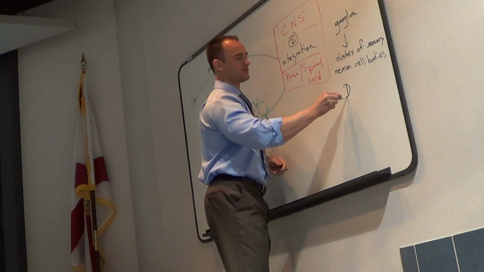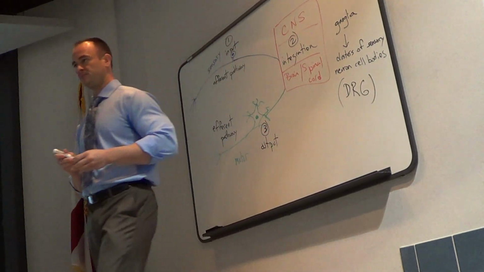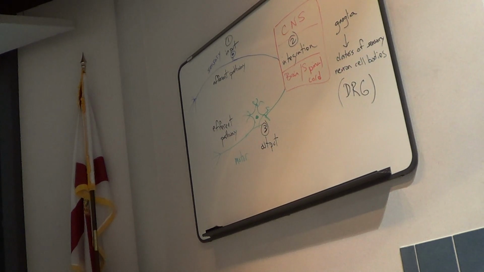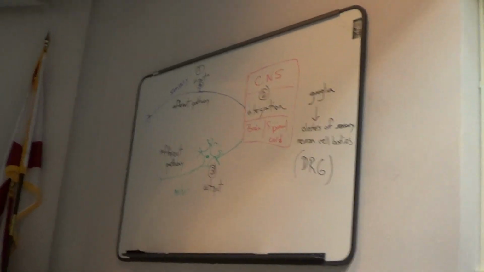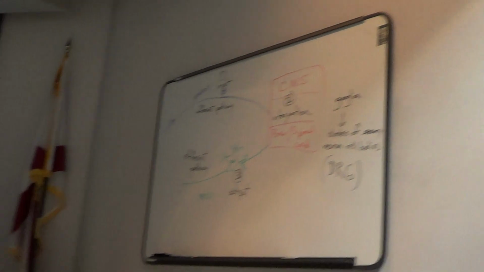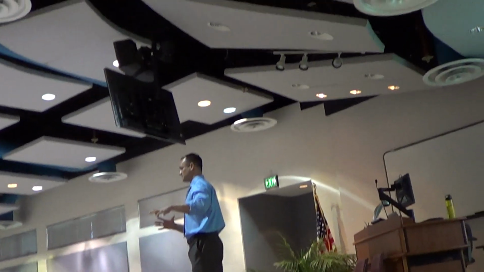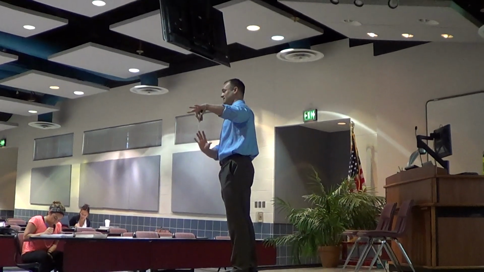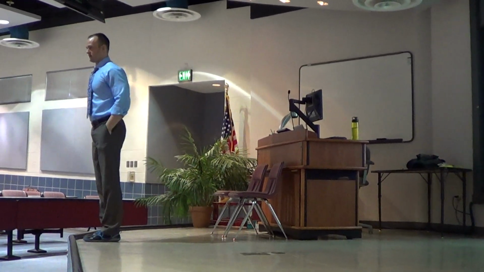And so they're called dorsal root ganglia, or DRG. The main site of sensory neurons, the somas, the cell bodies, they're not in the CNS. They're part of the peripheral nervous system. They sit right on the outside of the spinal cord, on the dorsal side, the back side. So they're called dorsal root ganglia.